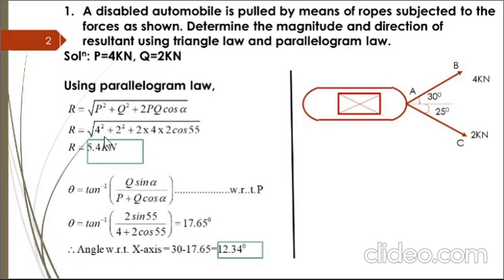Substituting the values, P is 4, Q is 2, so 2 into 4 into 2, and alpha is the angle between P and Q. The angle between AB and AC is 30 plus 25, that is 55 degrees. So cos of 55. Solving this we get resultant R equals 5.4 kilonewton. It means instead of applying 4 kilonewton and 2 kilonewton forces, we can apply one single force of 5.4 kilonewton.